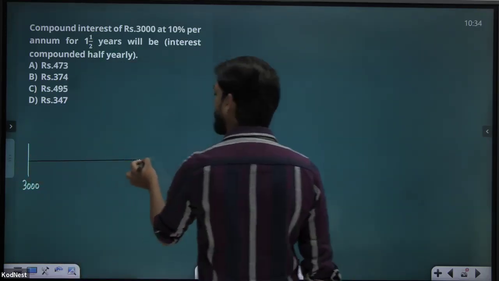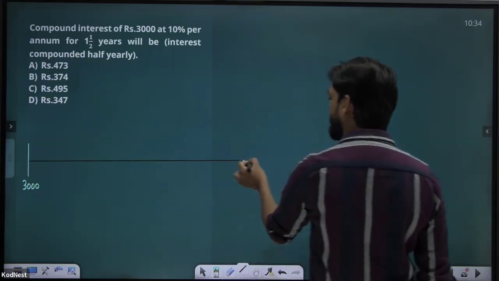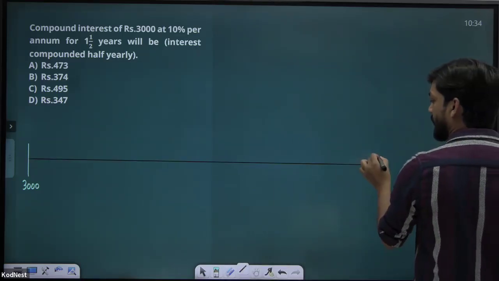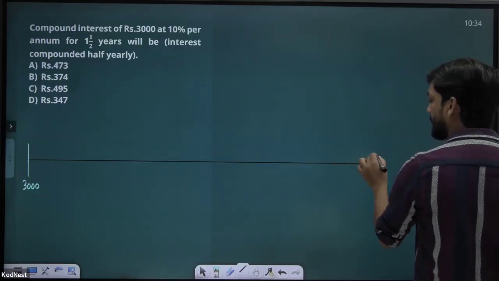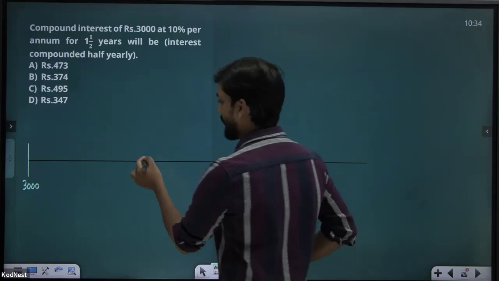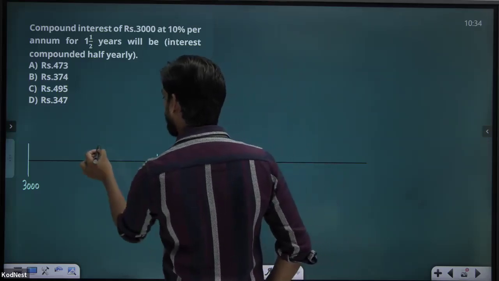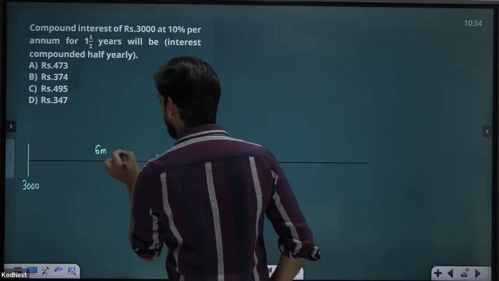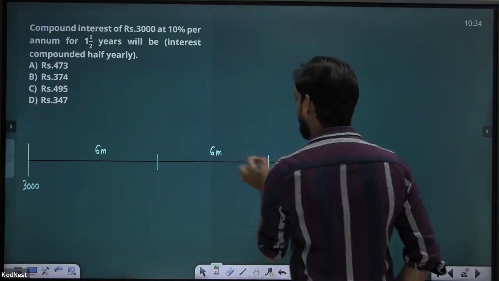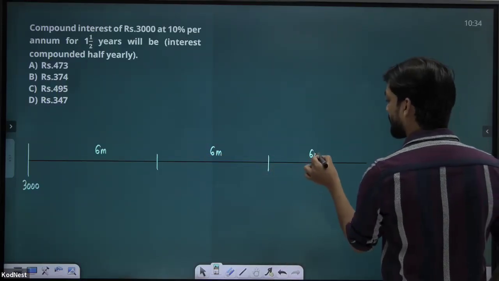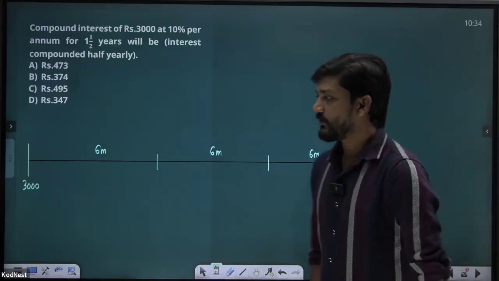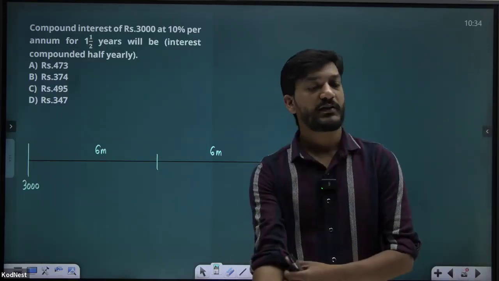I have to calculate for 6 months, again 6 months, again 6 months, 1.5 year. So 1.5 year we have to take. Okay, so let's take 6 months. Again 6 months. Again 6 months. All right, so 3 times we have to calculate for 6 months.